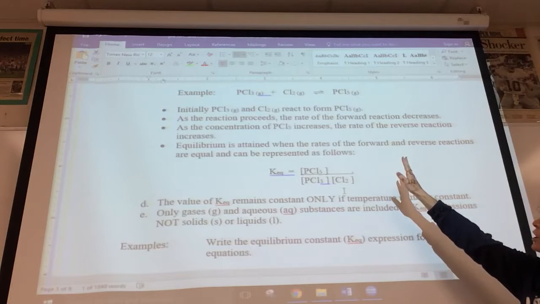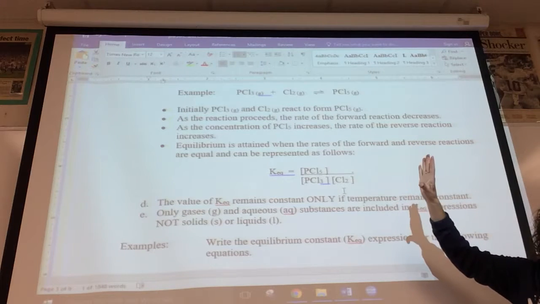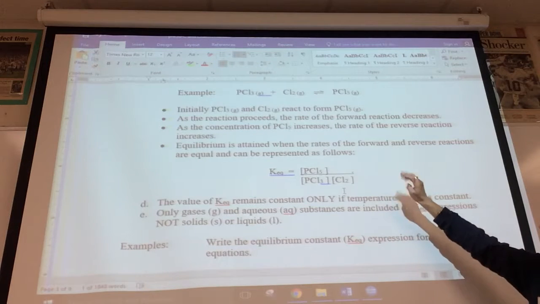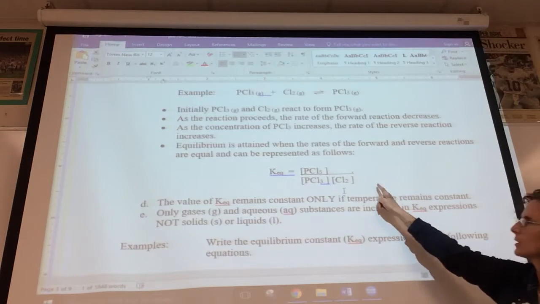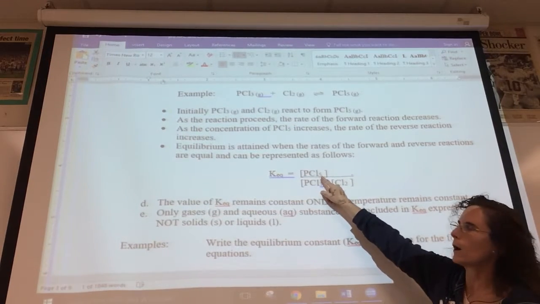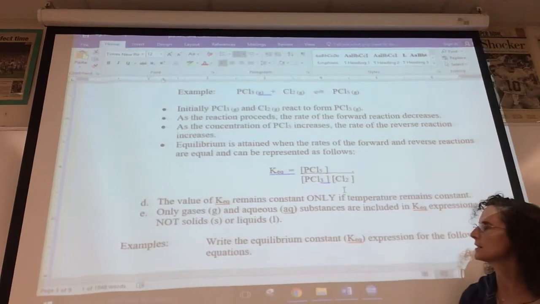Then as the reaction goes, the forward reaction is going to slow. When the phosphorus pentachloride is generated, it will bust up, and its reverse reaction will increase until equilibrium is reached. KEQ is equal to the concentration of product over the product of the concentration of reactants.